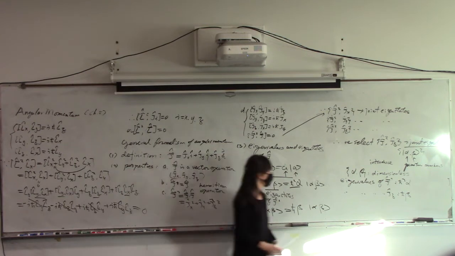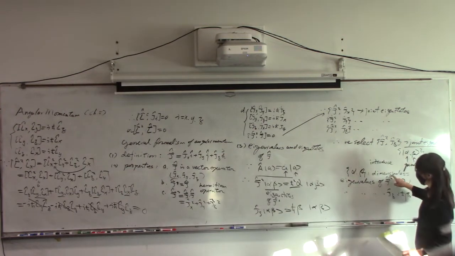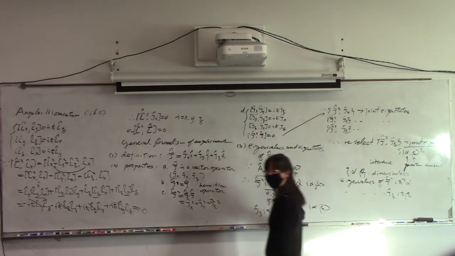Now the question is, why? Because alpha is dimensionless, right? So why do we introduce h bar?